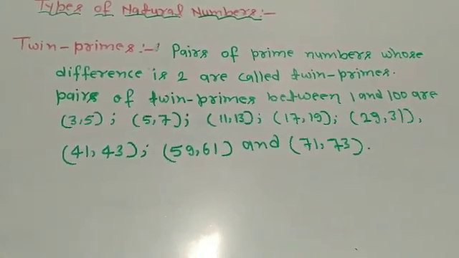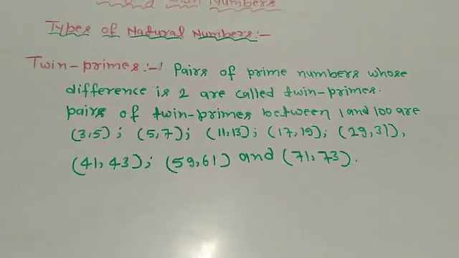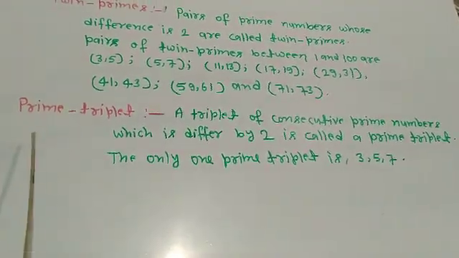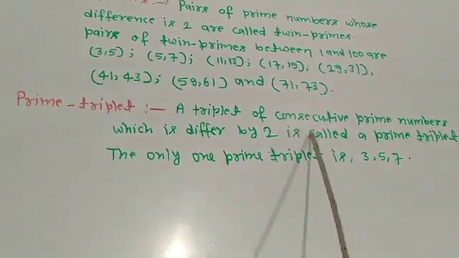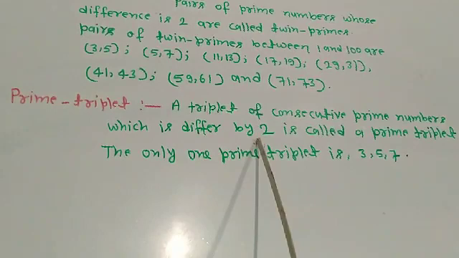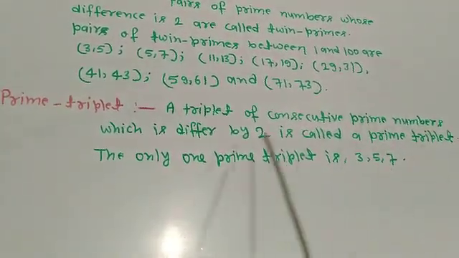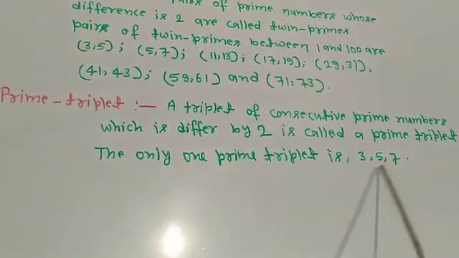Okay, we are going to discuss prime triplets. A triplet of consecutive prime numbers which differ by 2 is called a prime triplet. The only prime triplet is 3, 5, 7.